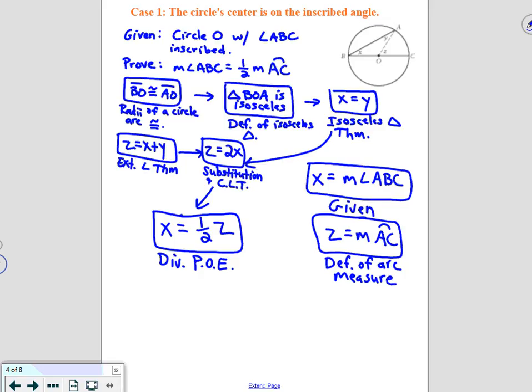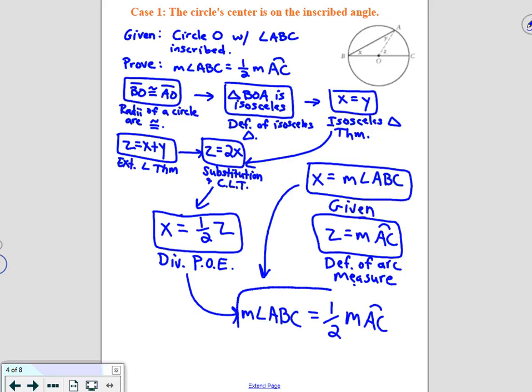And so now we can bring all three of these together, here, here, and here, to say the measure of angle ABC, I'm going to have to move this, is equal to 1/2 the measure of arc AC, by substitution.